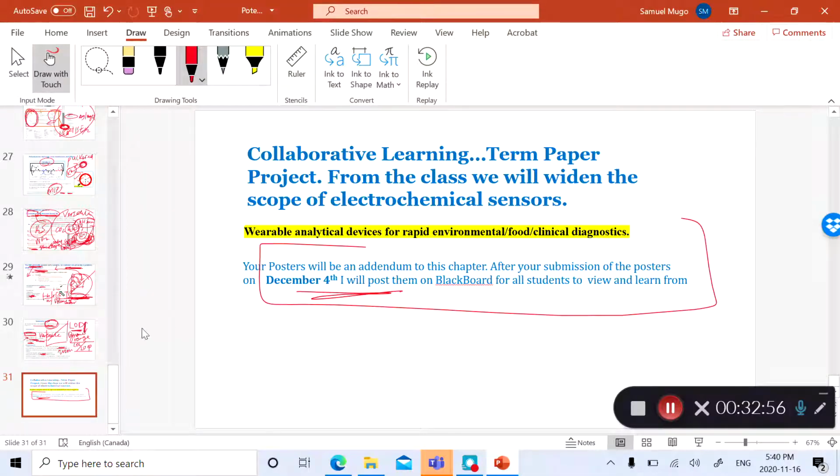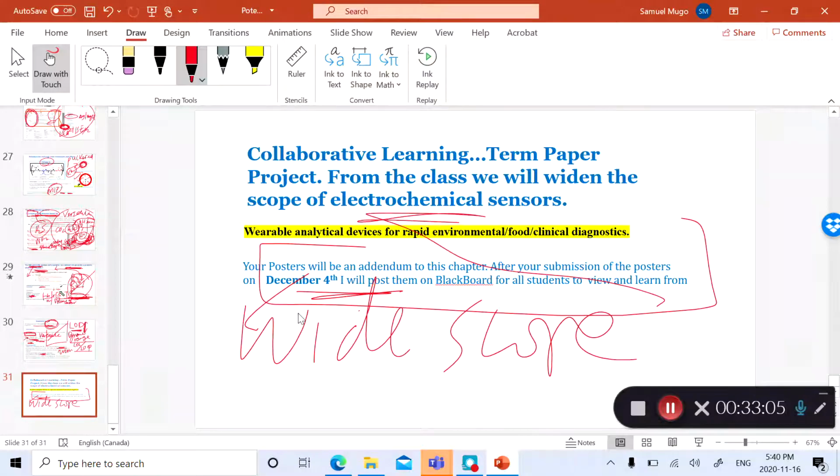I'm going to post them for all the students to see the very wide scope of electrochemical sensors, be it in clinical diagnostics, food, and the environment, and so on.